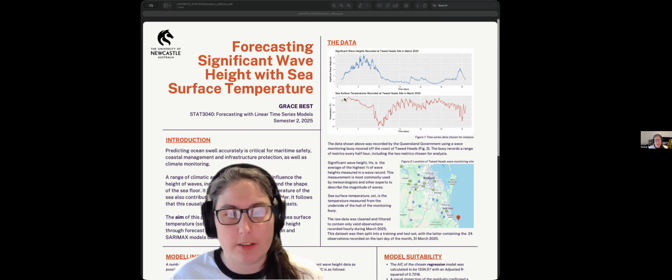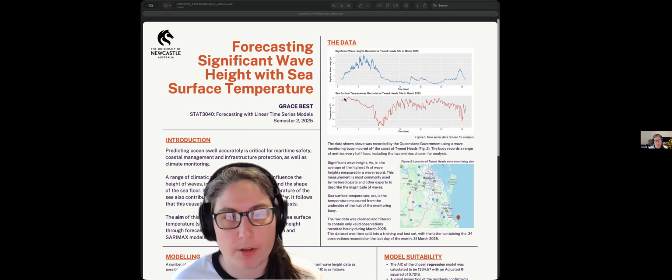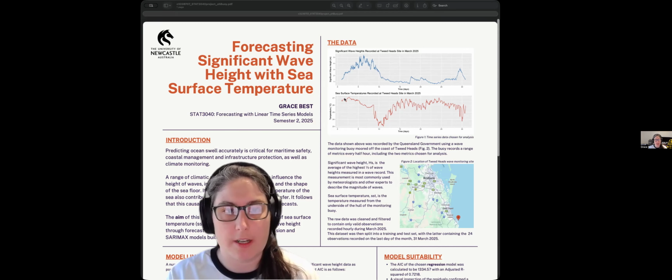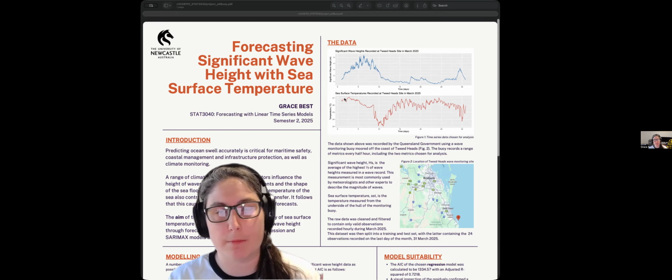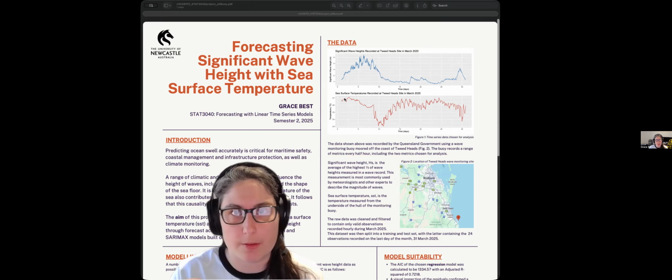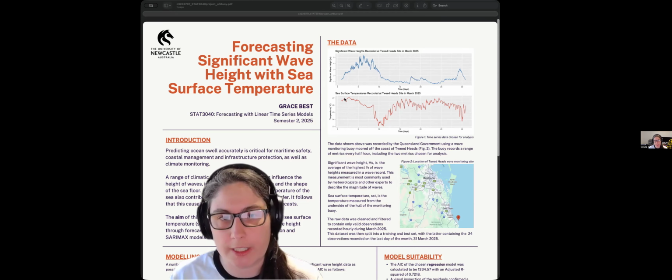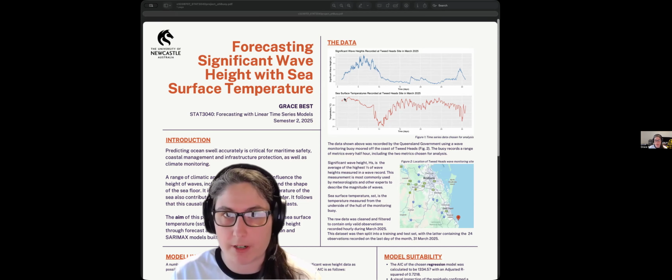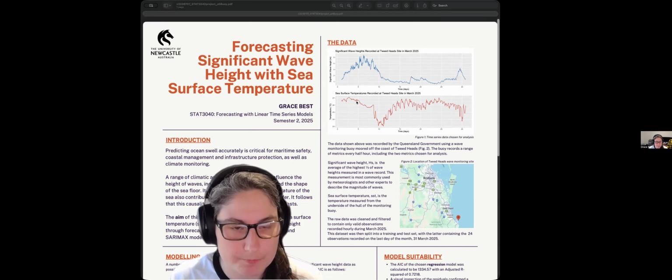I filtered the raw data from the buoy to only span the period of March of this year. And although the buoy takes samples every half hour, I filtered that down to only hourly observations because that was enough data for me to work with.